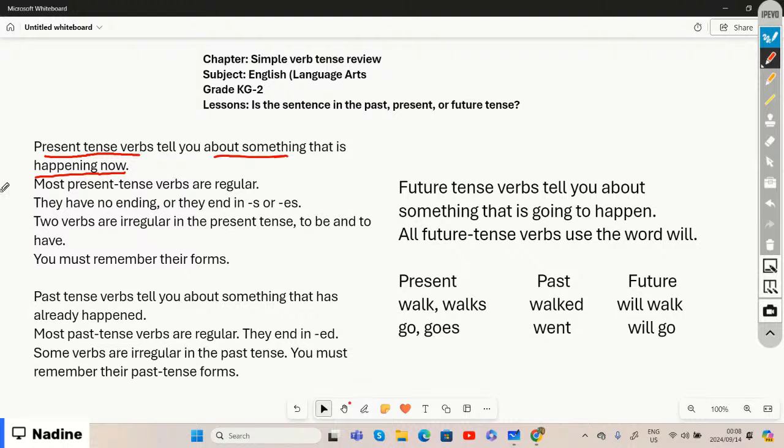And most of our verbs are regular. When we say most of our verbs are regular, it means that we need to follow a rule when it comes to our verb tenses. The specific rule that we need to follow is that our regular present tense verb ends with either s or es.